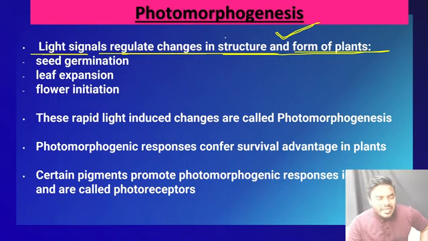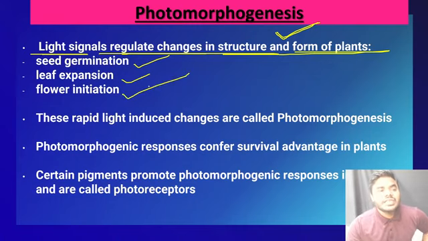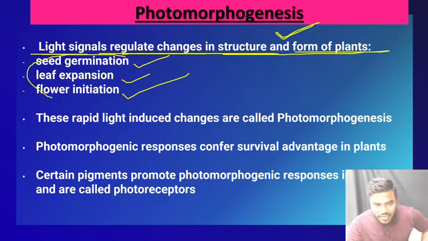Why exactly is light required for the plant body? For the process of seed germination, for leaf expansion, and for flower initiation. For all these purposes, what do we require, friends? We require light.